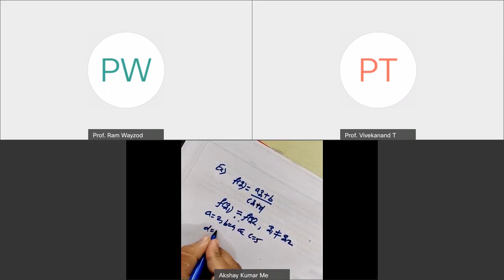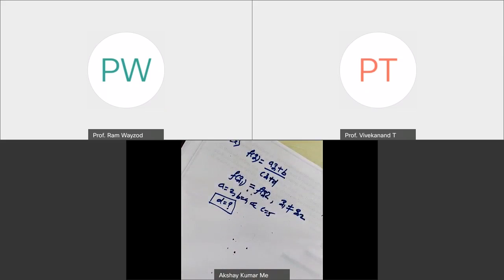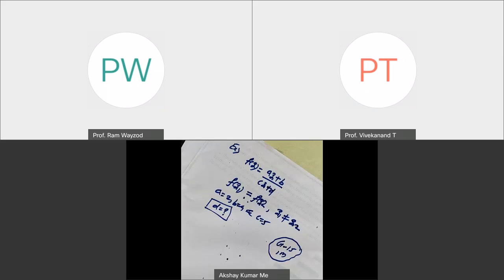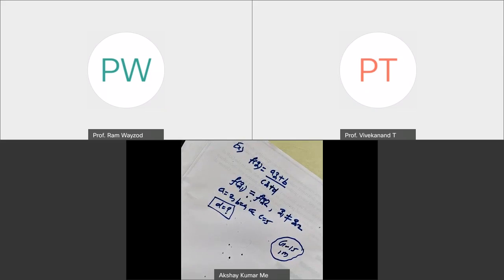We have to calculate the value of d, and this problem was asked for 1 mark. So simply we have been given a complex variable in the form of f of z, and f of z1 is equal to f of z2.